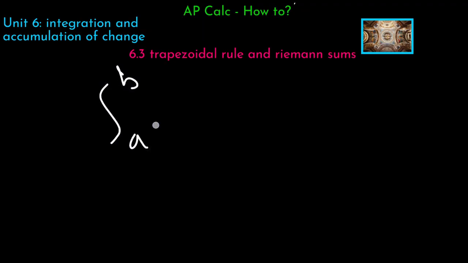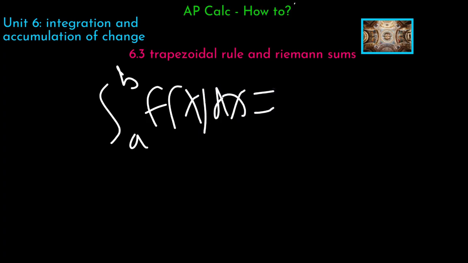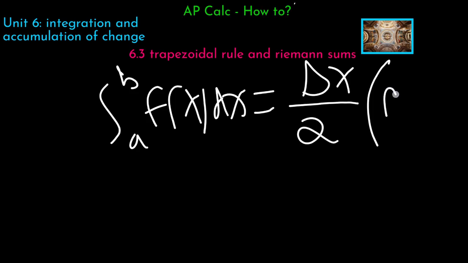The integral from A to B of f of x dx equals delta x over 2 times your f of x_0 plus 2 f of x_1, and then 2 times the rest.